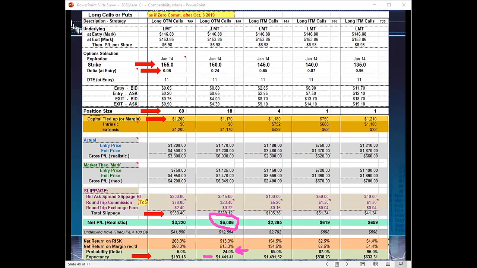Versus right next to it, we have the example with the in the money where the profit was 1295, but the probability is 65%, which that product computes a 1491 expectancy.